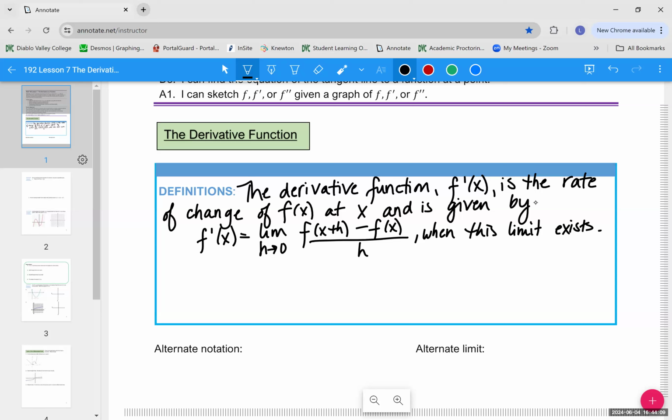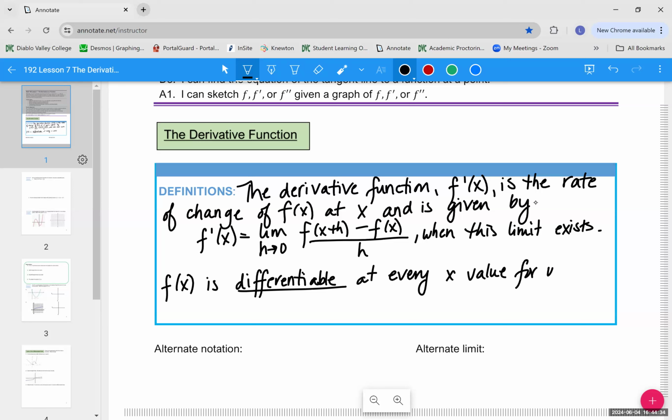And then we're just going to add an extra definition of the word differentiable. So f of x, the original function, is differentiable at every x value for which this limit exists.